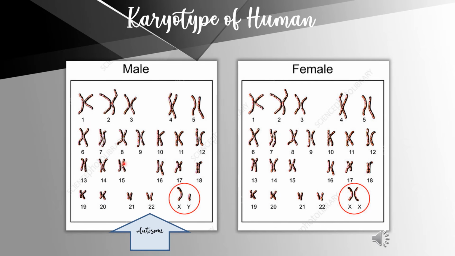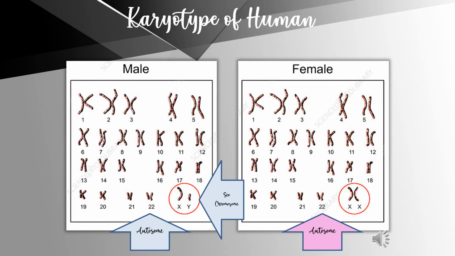So from 1 to 22, tinatawag itong autosomes. And 1 pair of sex chromosome. Same with female. We have autosome and then 1 pair of sex chromosomes. Learners, always remember that the sex chromosome of male is XY and XX for female, and that is the karyotype of human.